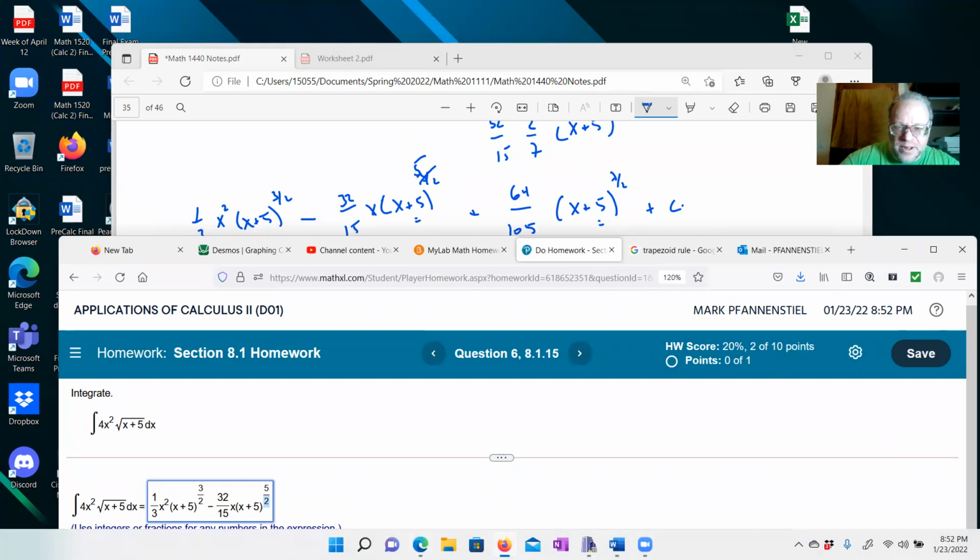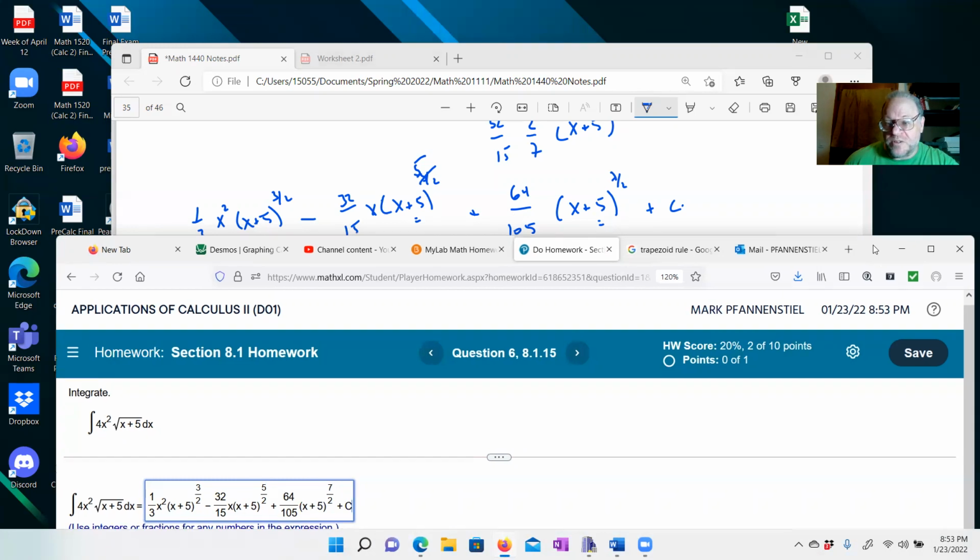Okay, minus there. Okay, and then plus 64 over 105. Oops, 105. Now we have (x plus 5) raised to the, so what was that, 7 halves? 7 halves plus c.